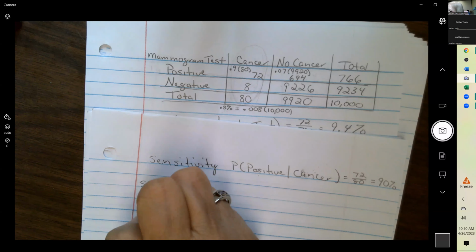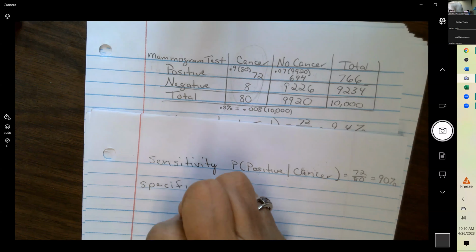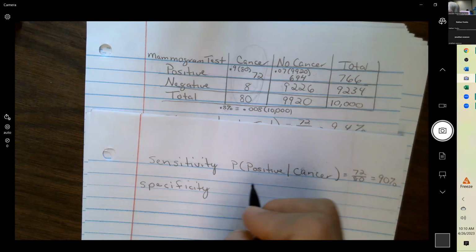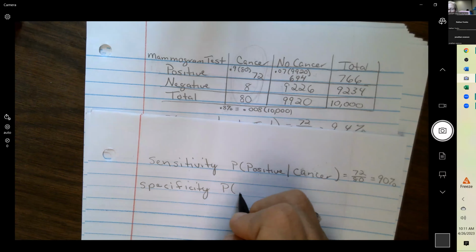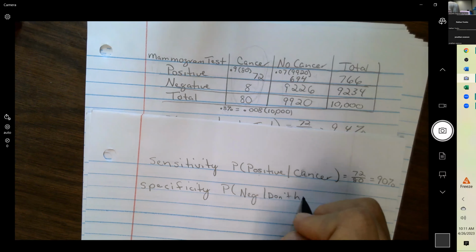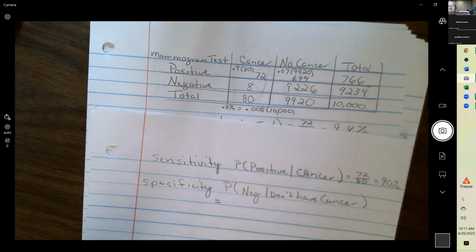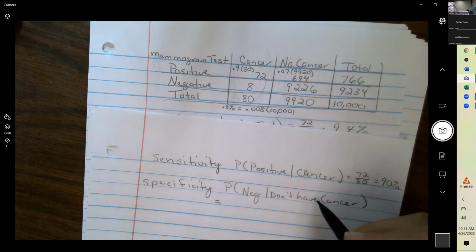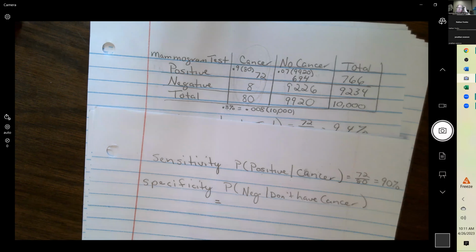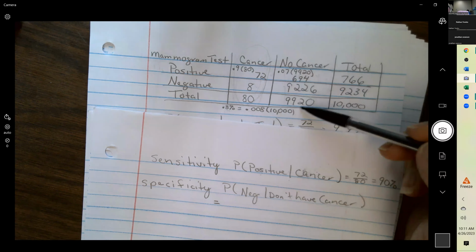The other one, specificity, is the probability you test negative given you don't have cancer. If we use the given part, that gives you a row or a column. In this case, it gives us a column. This column is not having cancer.